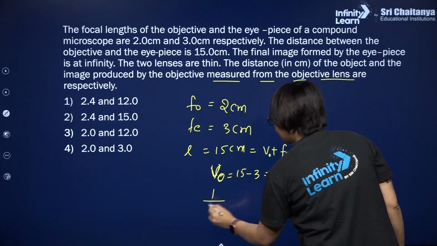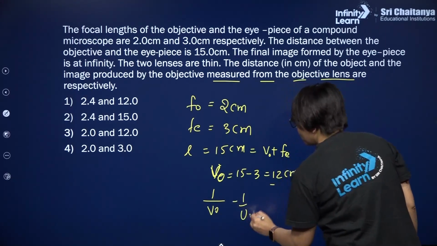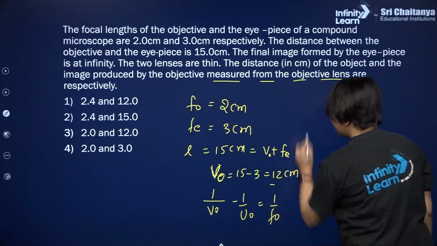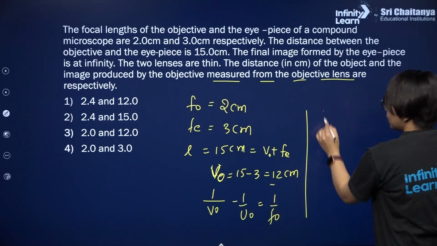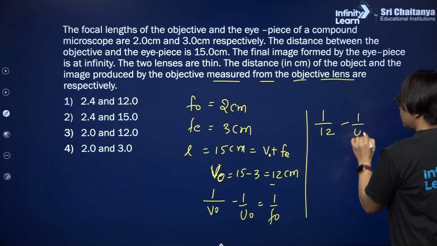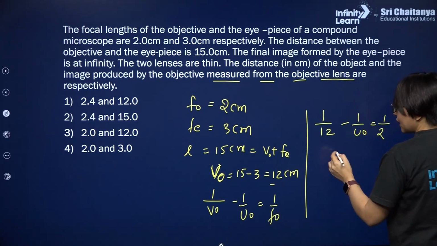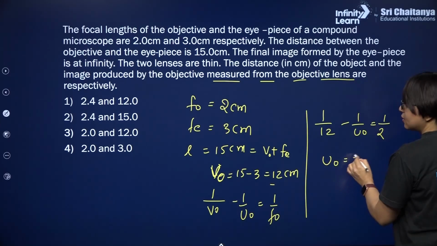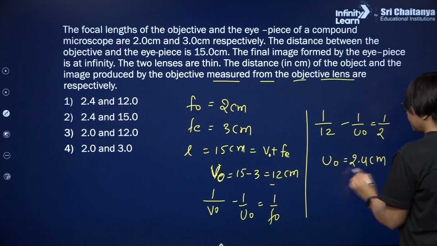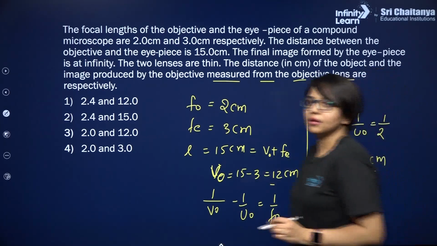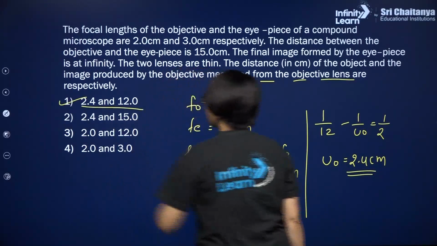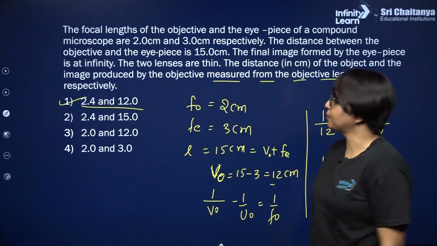So it is 1 upon VO minus 1 upon UO is equal to 1 upon FO, right. So this will give you 1 upon 12 minus 1 upon UO is equal to 1 upon FO, which is 2. So from this one you will get UO as 2.4 centimeter, right. So correct answer is option number 1, 2.4 and 12 centimeter respectively.